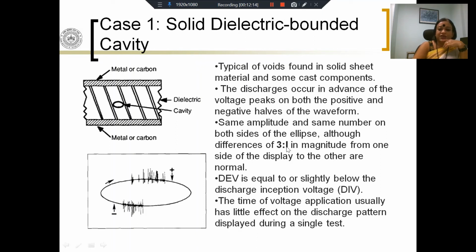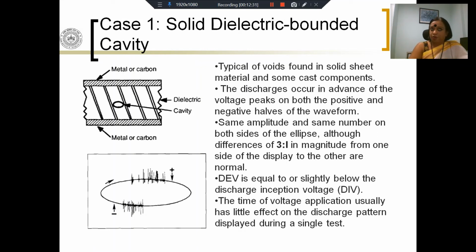However, differences of 3:1 in magnitude from one side of the display to the other are normal. So they may be equal, as can be seen here, or you may have a difference of up to 3:1, but the number of pulses is more or less the same.